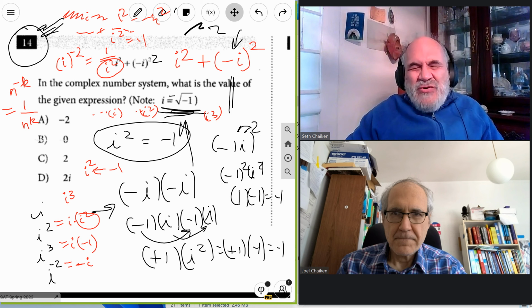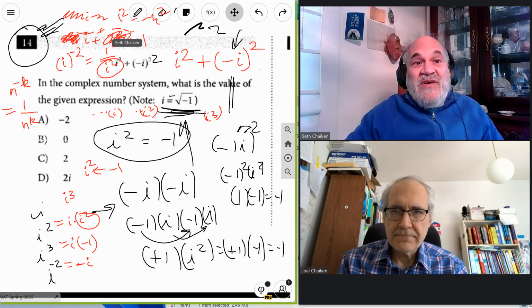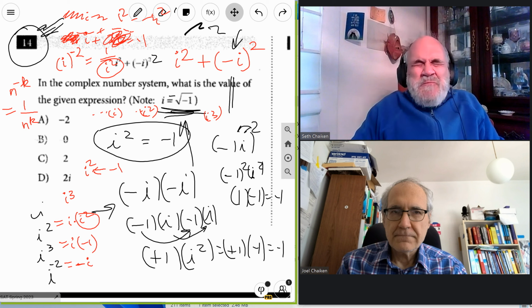In higher powers, you just reduce the powers by picking off squares of i, replacing them with minus 1. And when all is said and done, you're going to get some expression times i plus some expression that is an ordinary real number in arithmetic. And that's the simplest form.